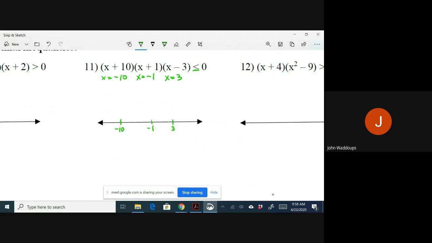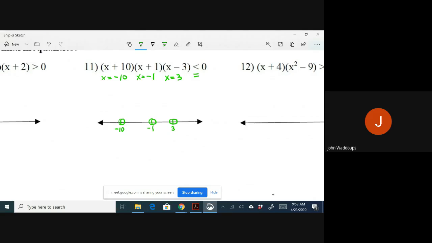But when I'm actually graphing it, I'm going to use an open dot, because these are the places where, if this were an equation, if instead of less than we had equal to 0, then this would be exactly correct. This is a place where x equals -10. This factor would be equal to 0, which when multiplied by the others would cause them to be 0 also. Same with x equals -1 and x equals 3.